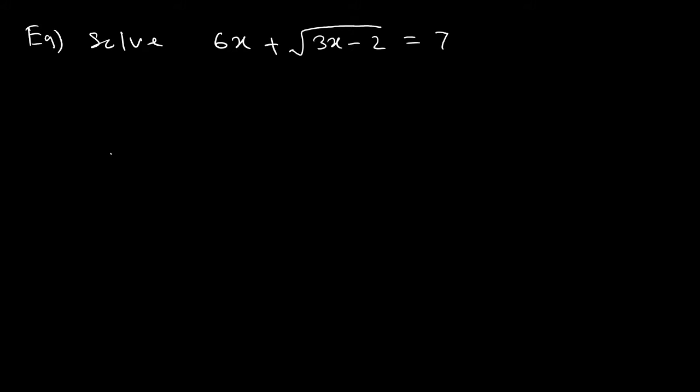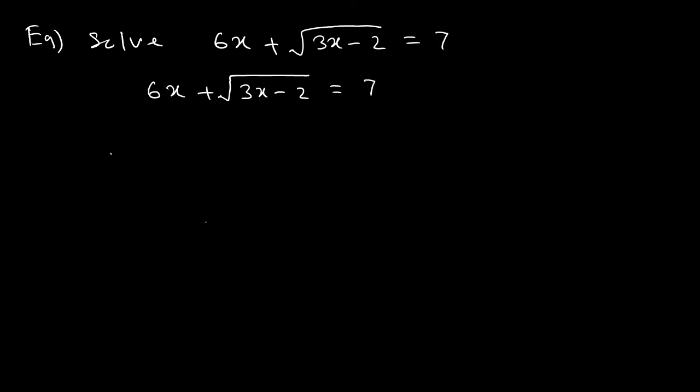This is a little bit complicated. We have 3x minus 2 and we don't see it anywhere. So the best thing would be to convert this into a quadratic equation. We try to create 3x minus 2, and we have 6x there. We start with 6x plus the square root of 3x minus 2, because we try to create a multiple of the term inside.